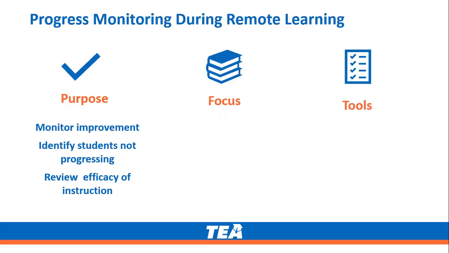During remote instruction, we must monitor whether virtual instruction is the best method of delivery. Progress monitoring will provide us the data to determine this. If virtual instruction is not effective, other options can be considered. Teachers can shift to tangible assistance, phone instruction, or from small group to individual, or from recorded instruction to live instruction.